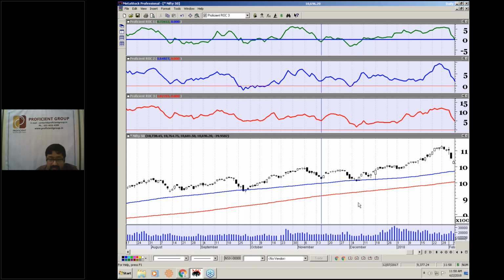Here the longer term ROC was above its zero line, which was showing that it was a primary uptrend and the uptrend was continuing. But look at the short term green ROC, which is the 20-day ROC. This short term ROC was below the zero line.